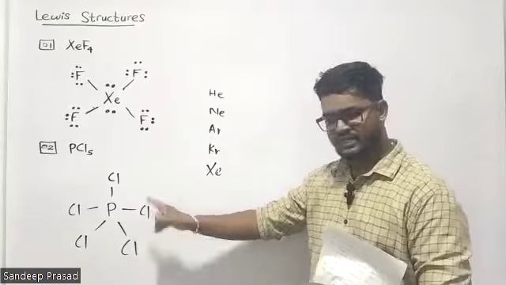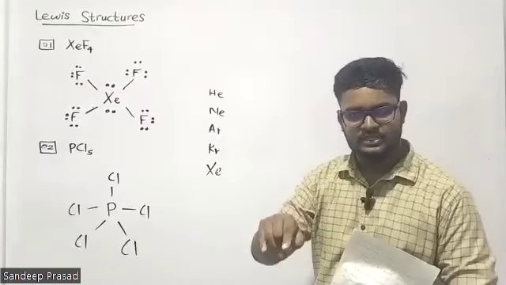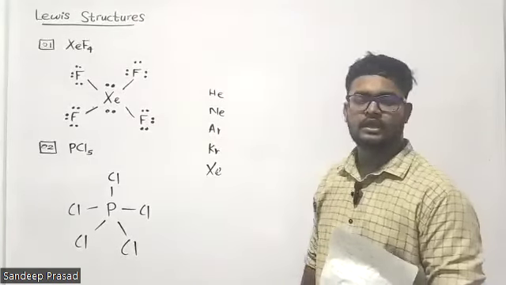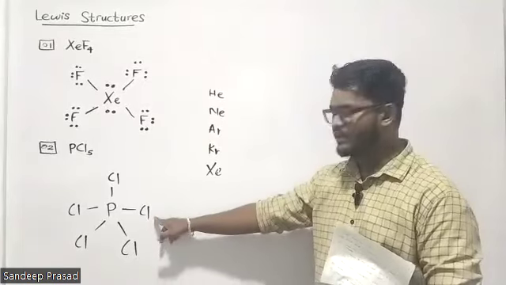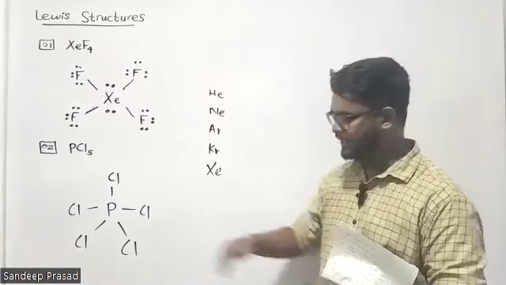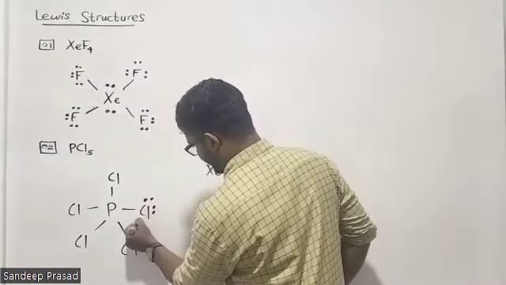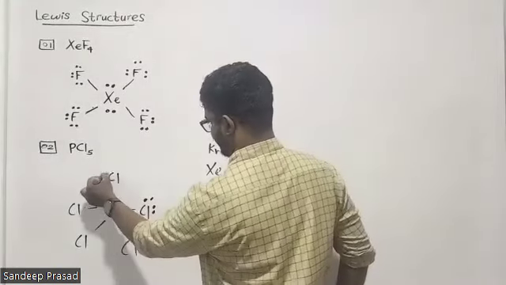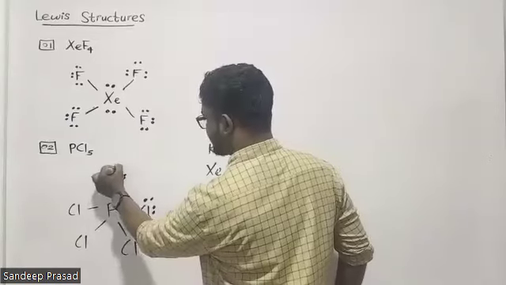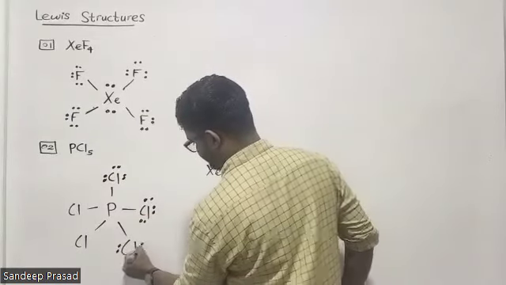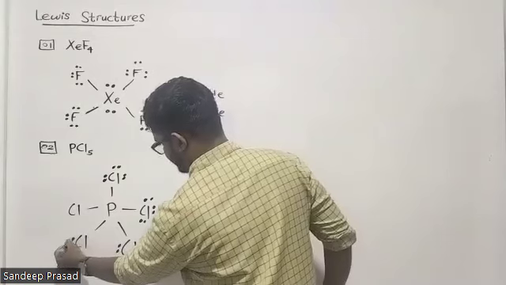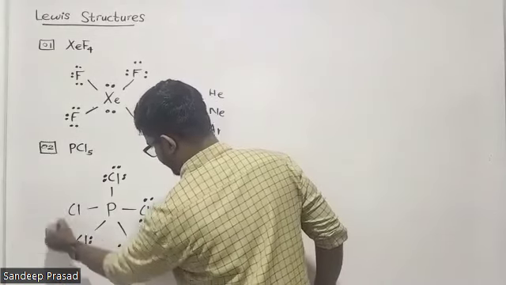So therefore, mostly chlorine, fluorine-like elements are making a single bond in covalent compounds. So that's what that chlorine has done. Then, in order to satisfy the octet, 1, 2, 3 lone pairs. So therefore, octet is satisfied. And the valence electrons are also okay. There is no charge. So therefore, the PCl5 looks like this.